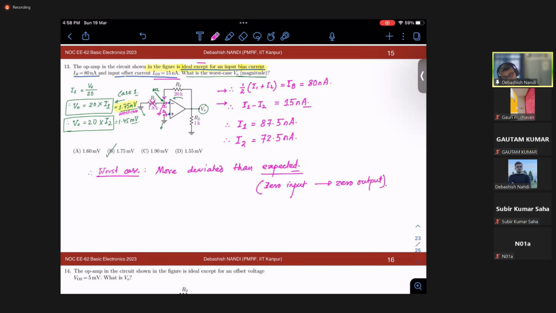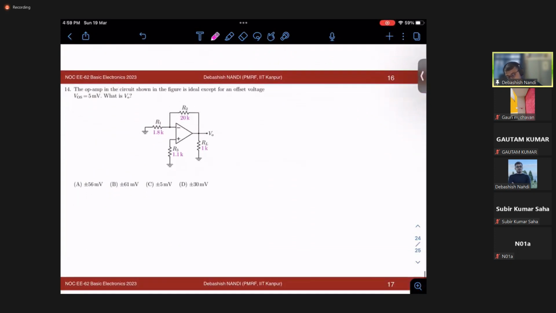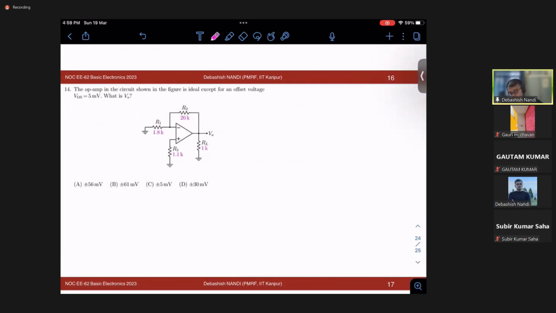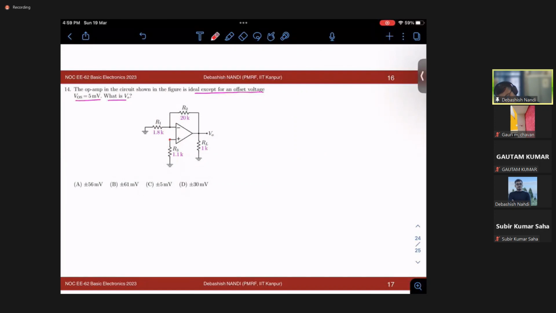Similarly, problem number 14. Here it is mentioned that the op-amp is ideal except for an offset voltage of 5 millivolt. So what is V0, right? Again, the difference between, let's say this is Vx1, this is Vx2. So Vx1 minus Vx2 is plus minus 5 millivolt or minus plus. You can take anything. What is your Vx2?